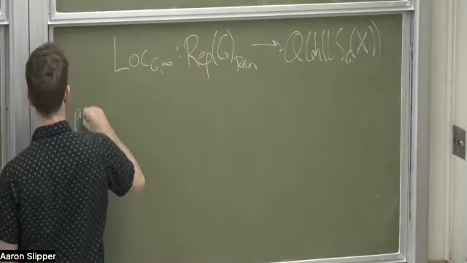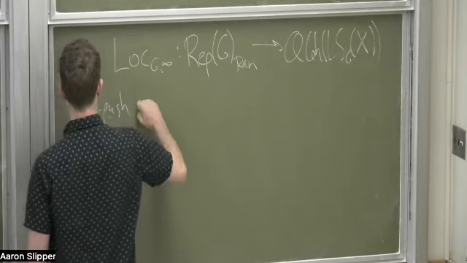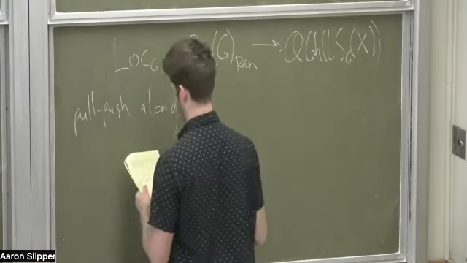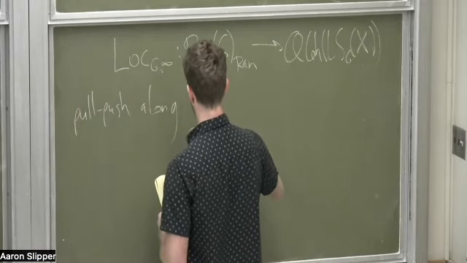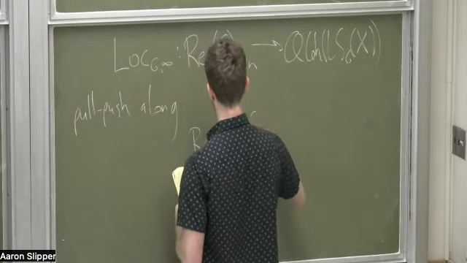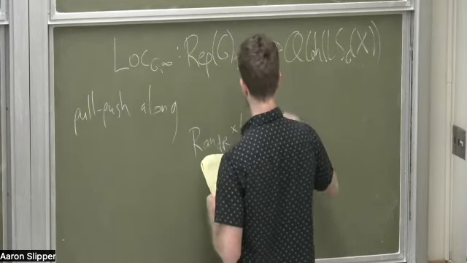Okay, so namely, we pull push along the correspondence, just like we did for Kac-Moody localization. It's the following correspondence. The geometry looks maybe a bit simpler.